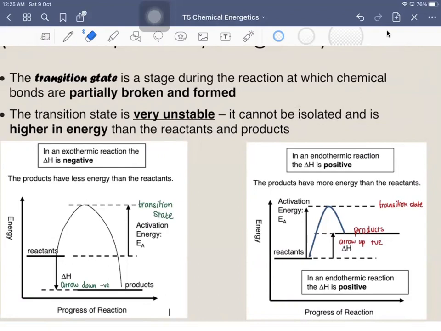Isolated means you cannot keep it or take it away. It stays in the reaction and then it will get destroyed in the reaction as well. And the energy is much, much higher than the reactants and the products for both reactions. This is the main reason why it is very unstable.